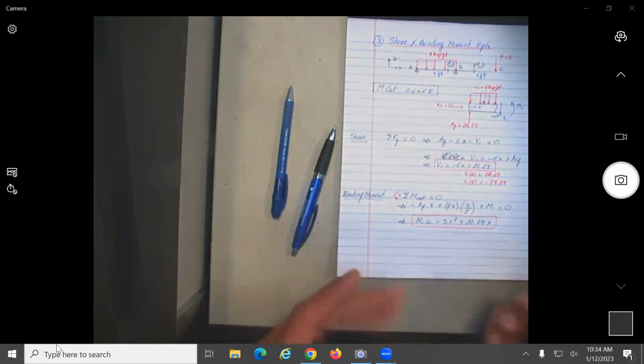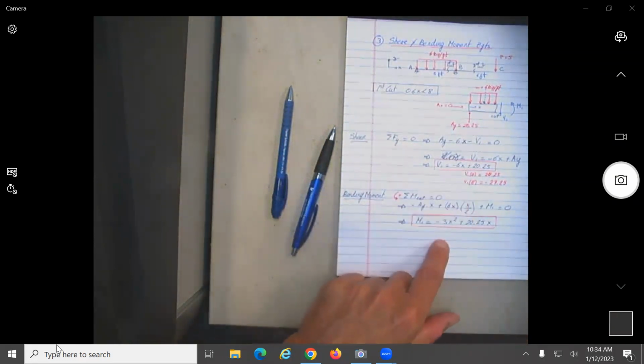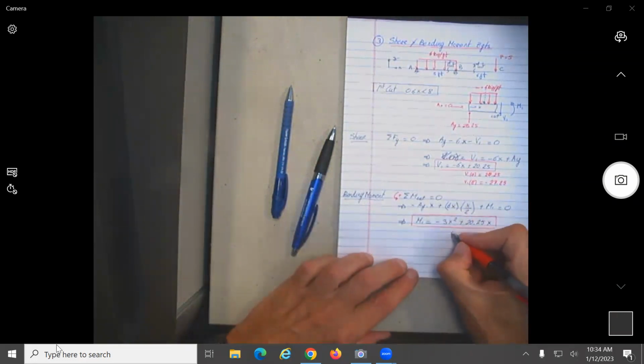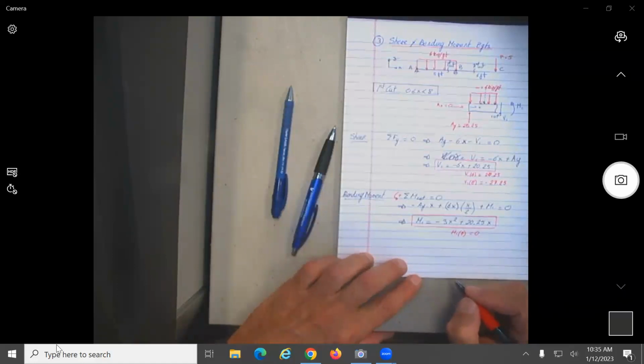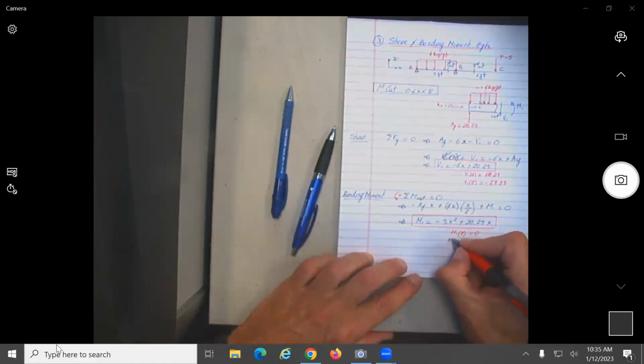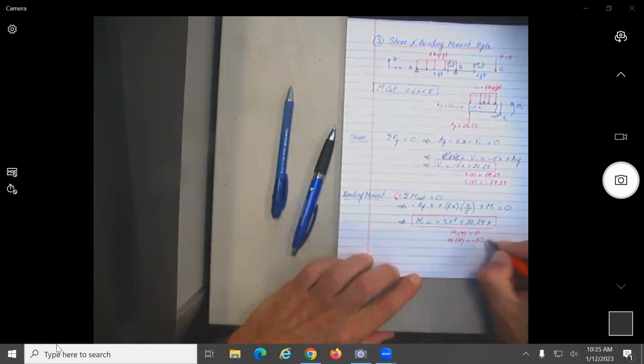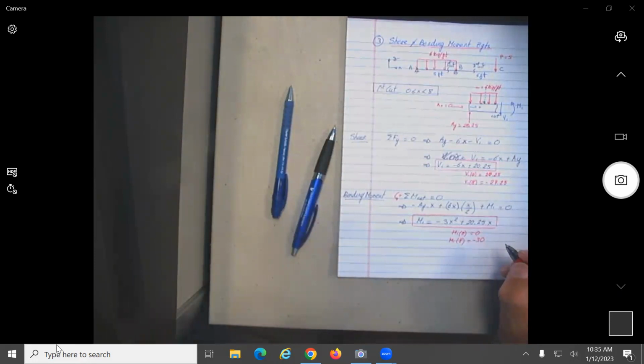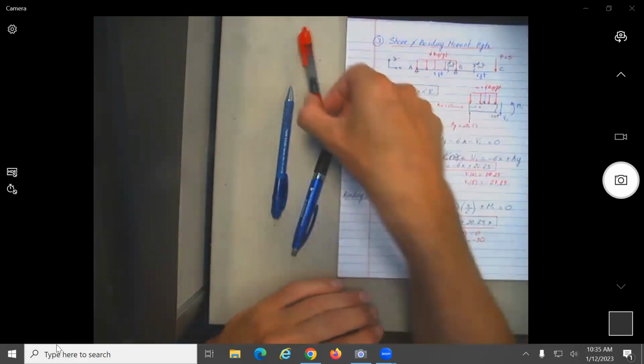Over here, this is not linear, this is quadratic. So let's say M1 of 0 will be equal to 0, and M1 at 8 is equal to minus 30. Maybe we can do it now. Let's do it when we do the figure. I think it will be easier. It will make more sense.